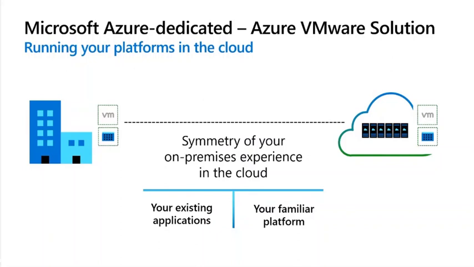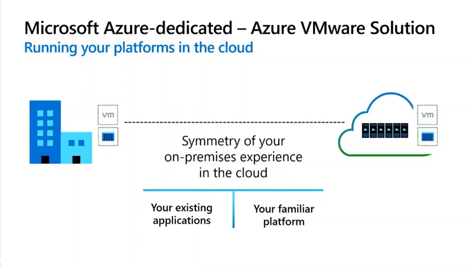So you can use that when, for example, your company's hardware lease is coming to an end, or your machines are end of life, or you've run out of capacity in your own data center, or want to shrink your data center, then you can extend your footprint to Azure using the Azure VMware Solution.